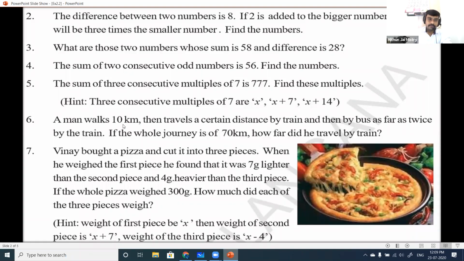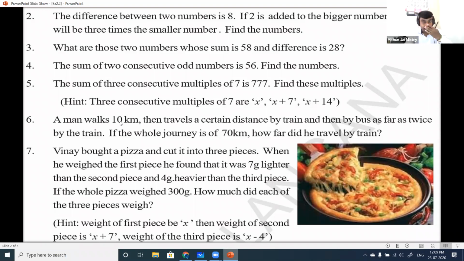A man walks 10 kilometers, then travels a certain distance by train and then by bus as far as twice by the train. Wow. These are actually called daily life problems or daily life situations, right? A person is walking. First he's walking. How much distance has he walked? 10 kilometers.